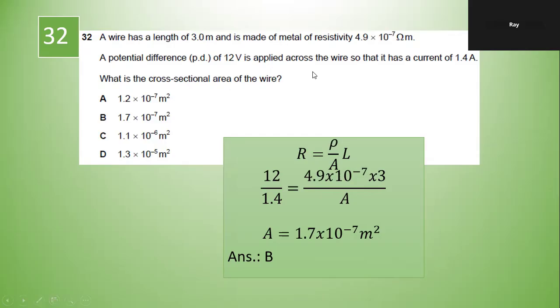Just replace your R with V over I. That's your V, that's your I. And resistivity there. Length is 3, then A.